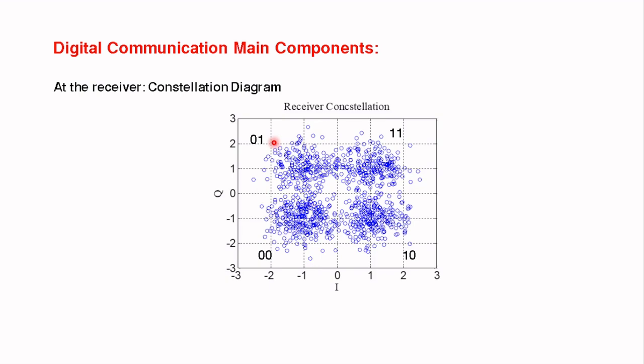So according to the position of the received sample, the receiver will make a decision on what was transmitted. And assuming that each sample is equally likely, this is called the maximum likelihood detection, and this gives us the optimum decision boundaries.